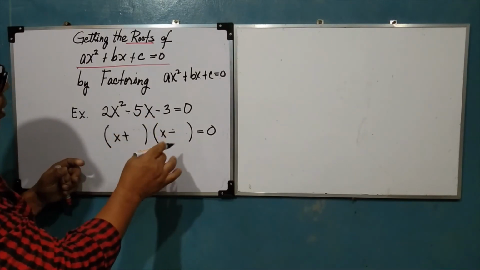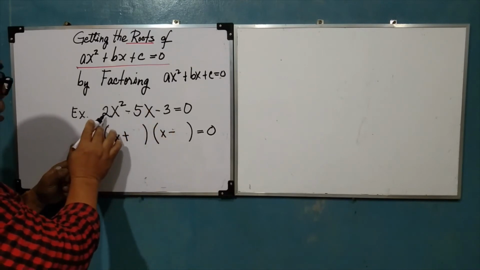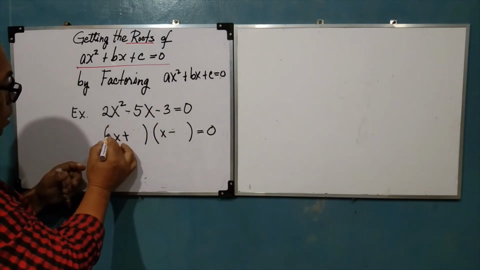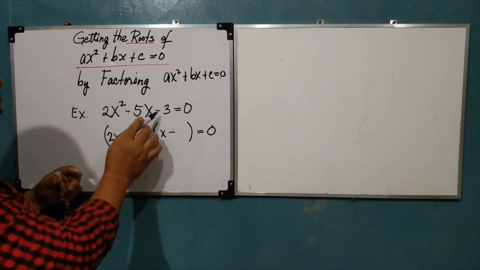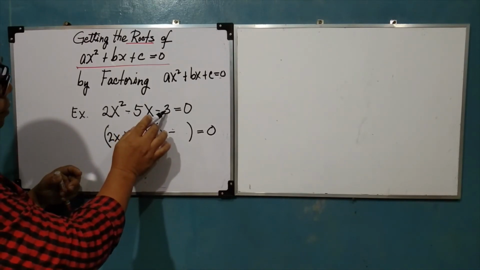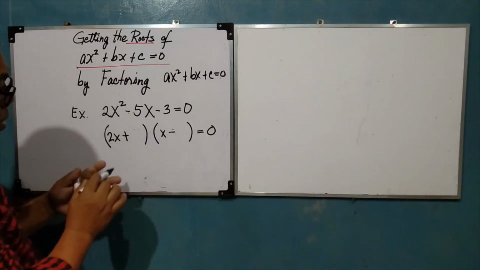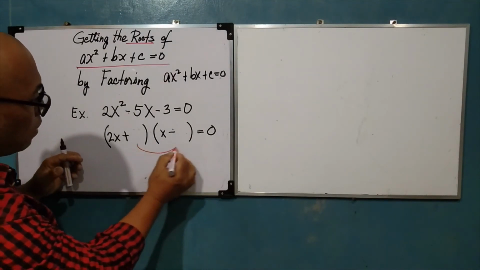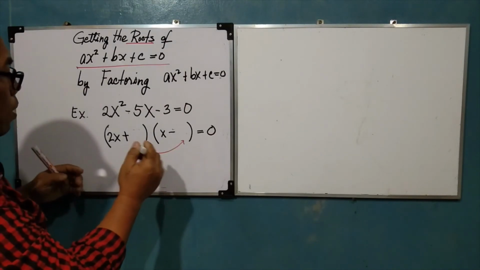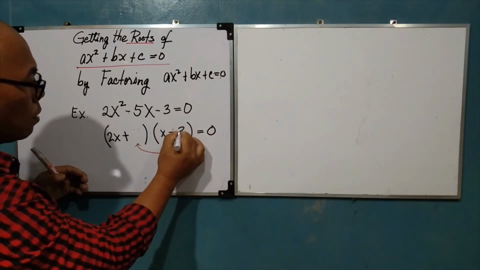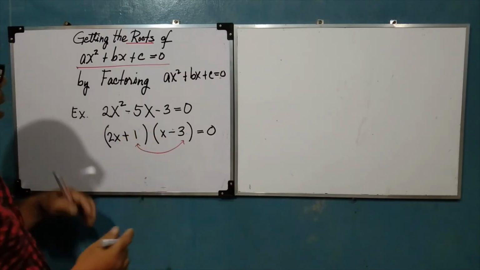So I would have this written right here. And since this is negative 3, it is the product. Remember, it is the product. So I have to pair this by 1.